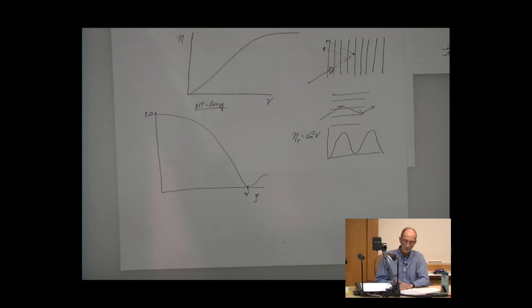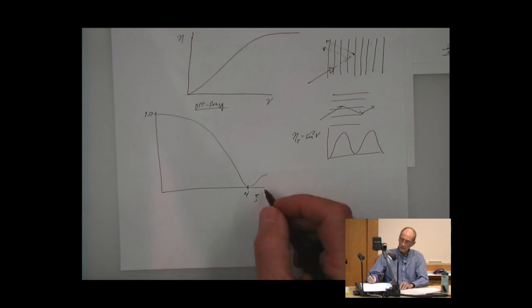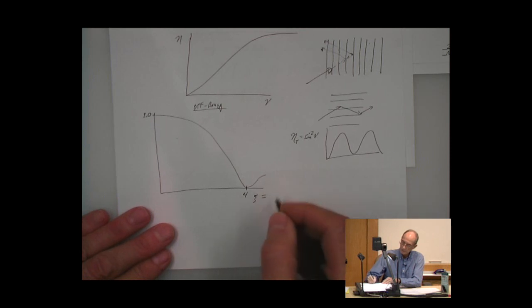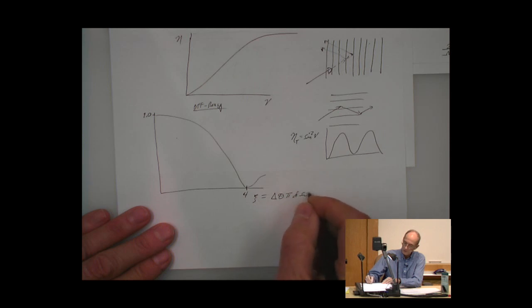All right, and so if we look at that value for psi, again, that's equal to delta theta pi d times the sine of (theta 0 minus the phi angle), okay?